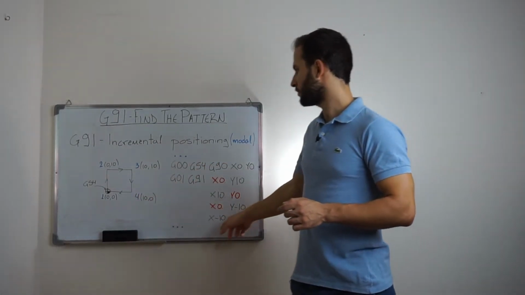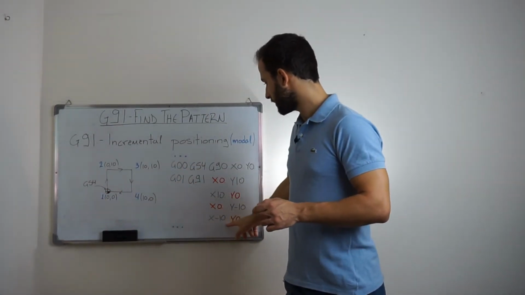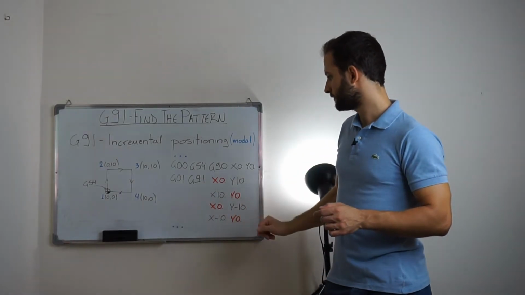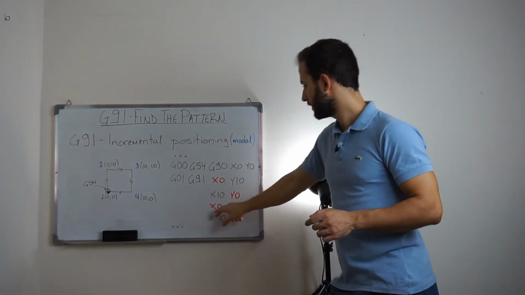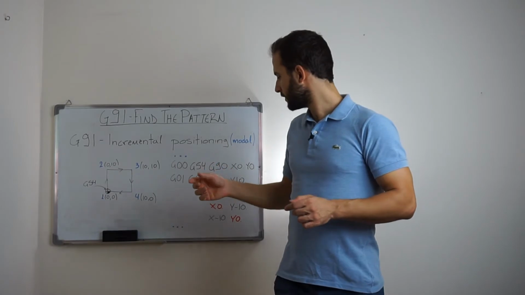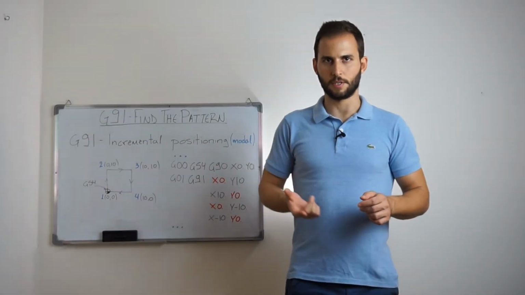And again, if we want to go to the first point, we have to decrease the x-axis by 10 millimeters and keep the y-axis the same. Note that these words are not necessary. We don't have to write down the axes whose values do not change.